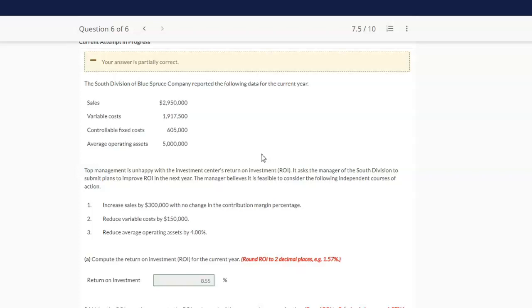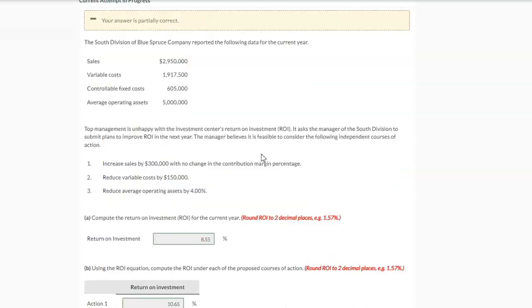Now take the controllable fixed costs off of that. When I subtract, I'm getting 577,500. Take that as a percentage of average operating assets: 11.55.